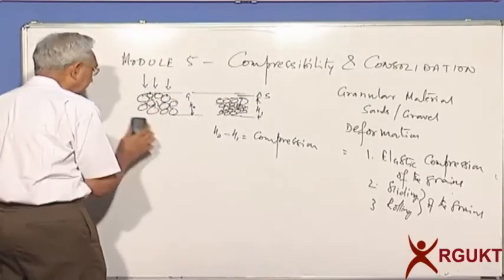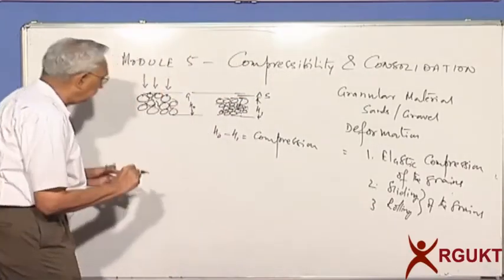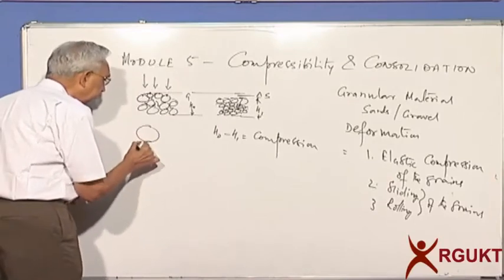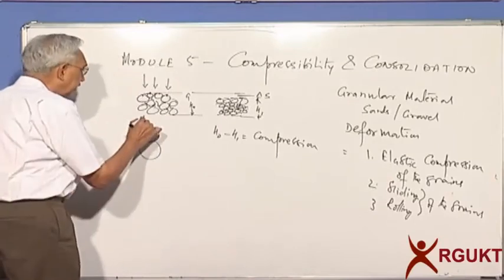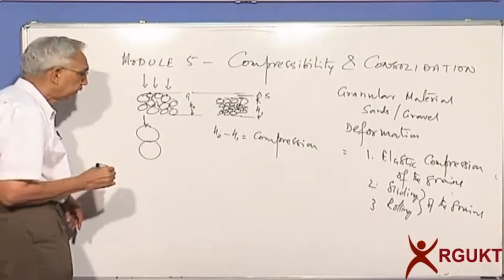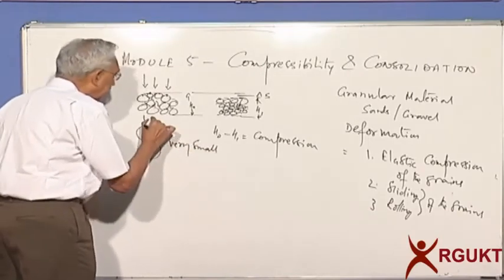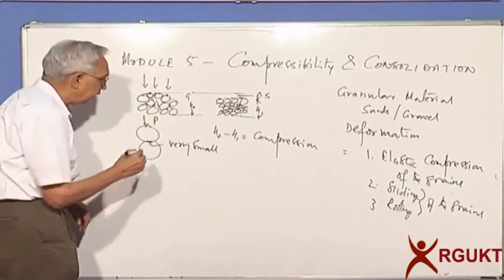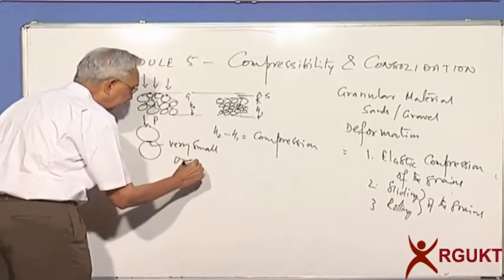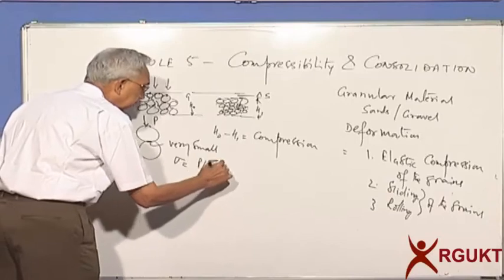Just to illustrate that, let's say I'll take two spheres. You may think of even two steel balls. When you apply the load here, you can see that this contact area is very small. So if I put a force P, if the area is small, sigma is equal to P by A can be very high.